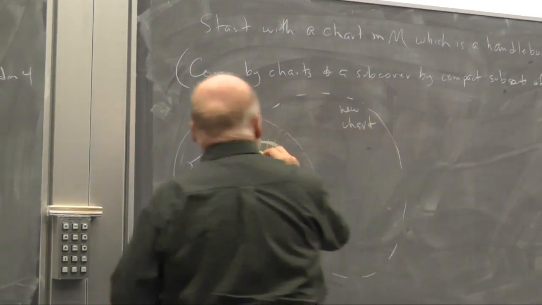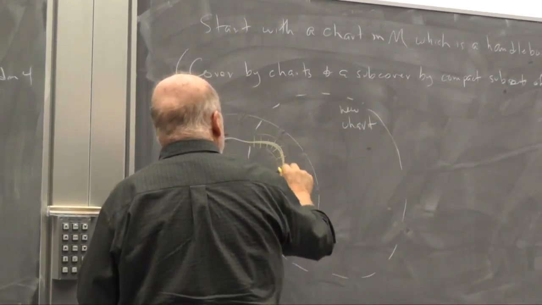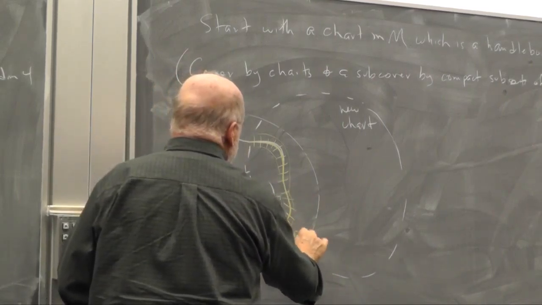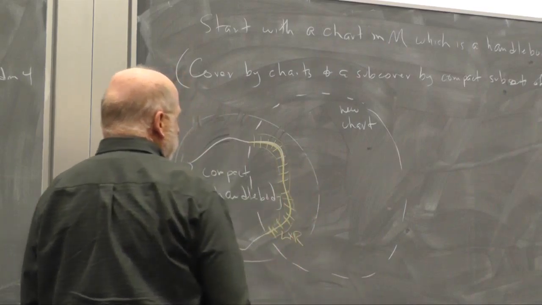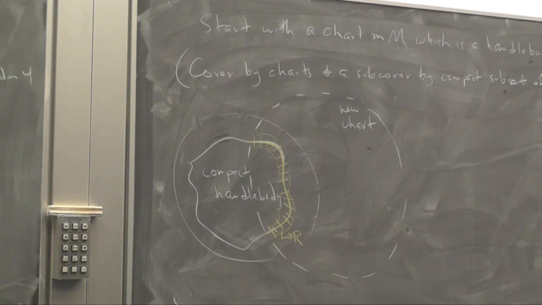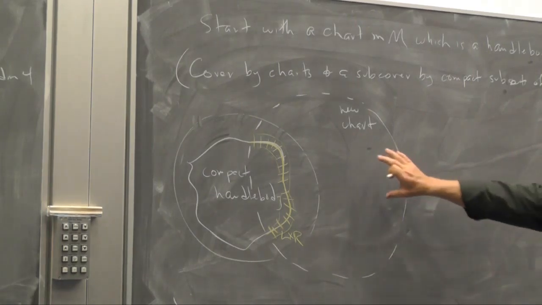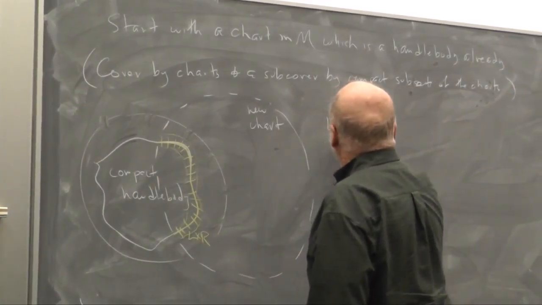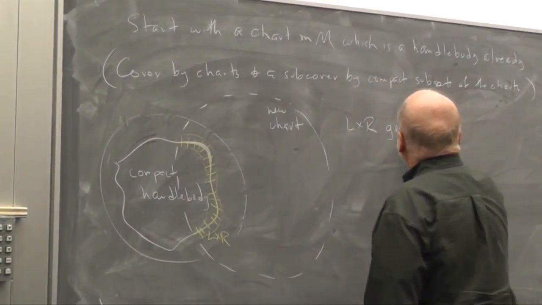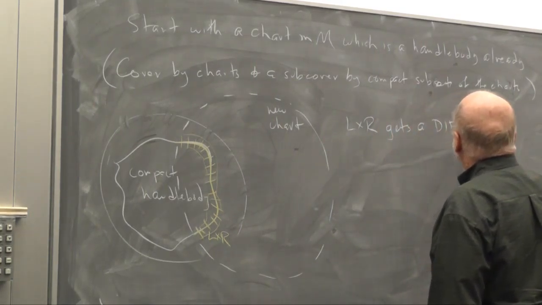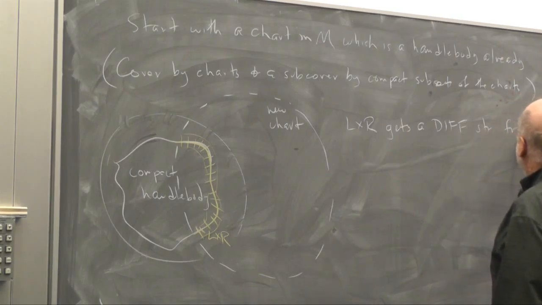So this set is some manifold, say L cross R, where L is this yellow part. So that is open inside this new chart. So L cross R gets, in this case, let's do the smooth case, the smooth structure from the new chart.